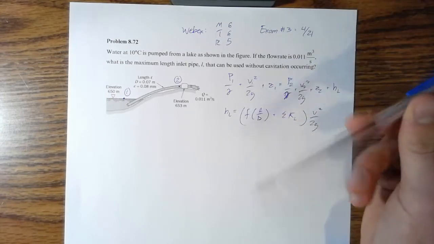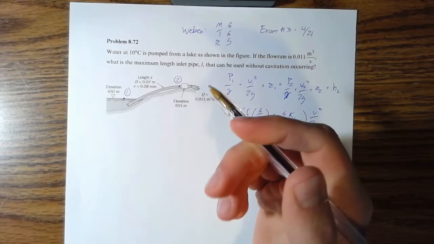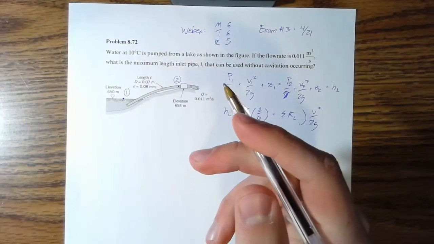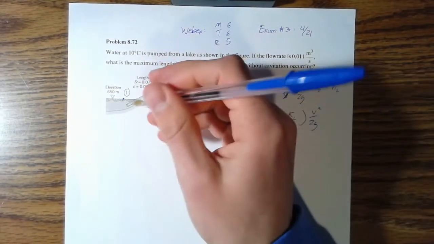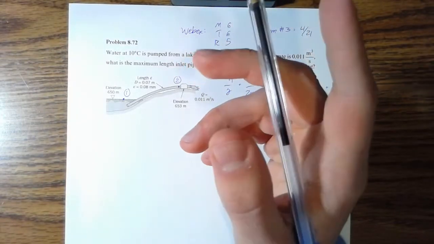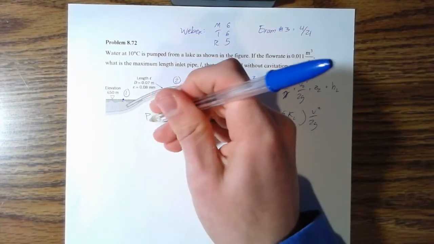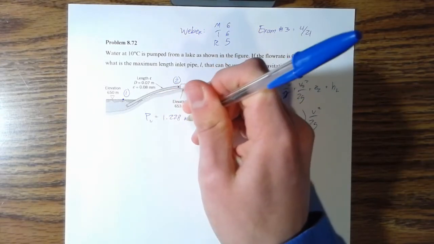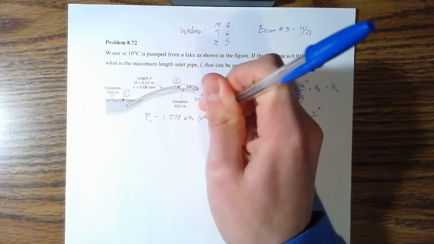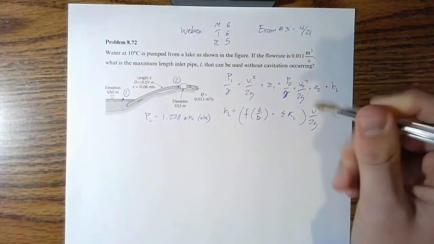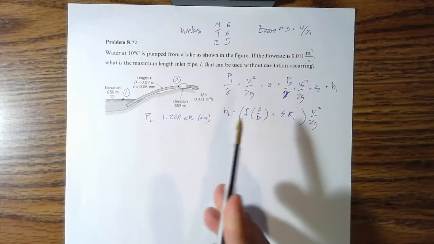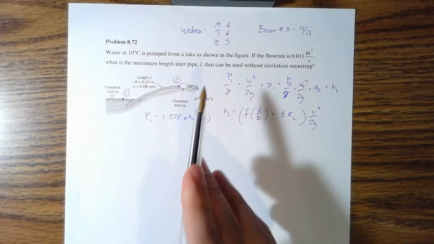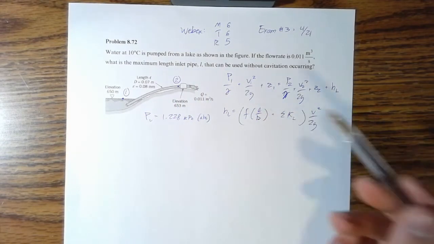Remember that cavitation occurs when pressure is below the vaporization pressure, which for water is 1.228 kilopascals. That's absolute pressure, not gauge pressure. So we have our points, and we know what we're looking for, which is this L value.